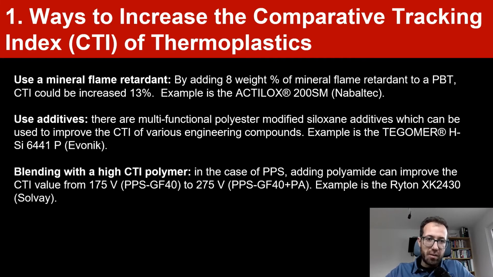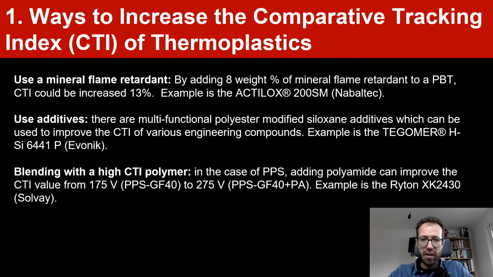Other way is to use additives. So there are multifunctional polyester modified siloxane additives which can be used to improve the CTI. And here's an example from Evonik, the Tecomer HSI. Or the strategy can be to blend with a high CTI polymer.